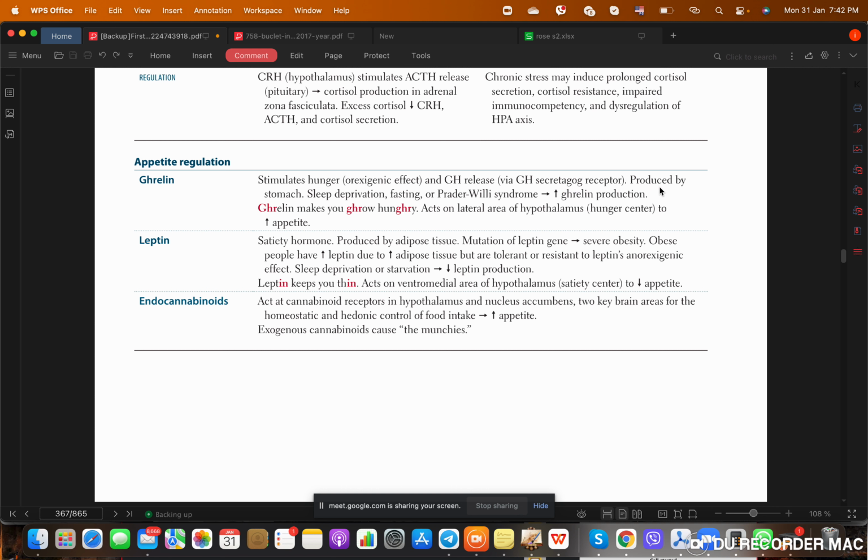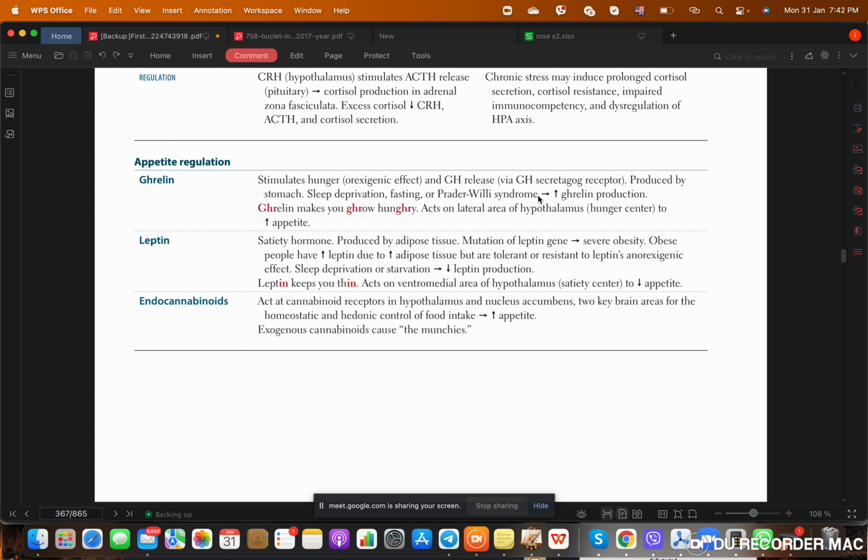It's produced by the stomach. Sleep deprivation and fasting will obviously lead to its increase. Or Prader-Willi. All of these can increase the ghrelin production.